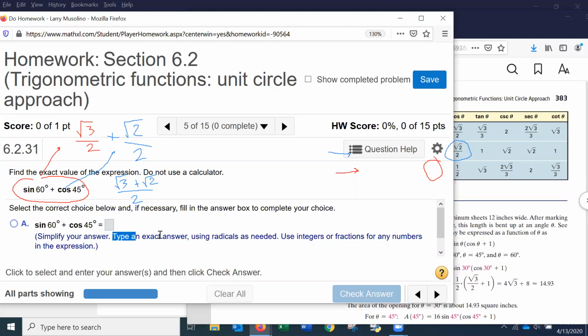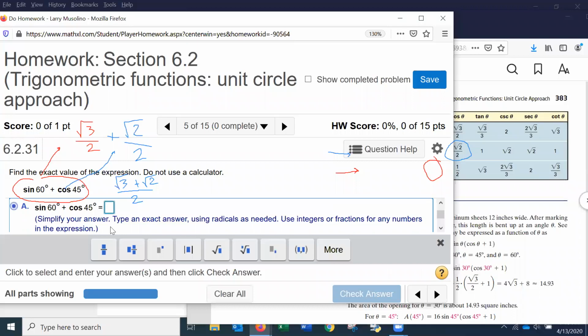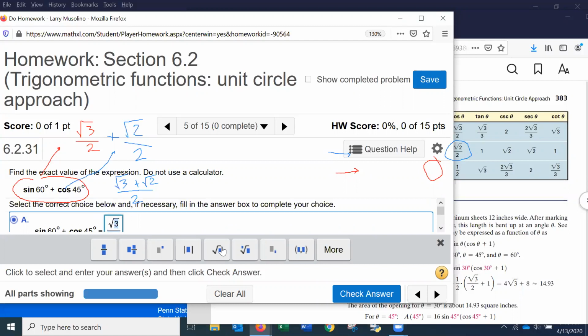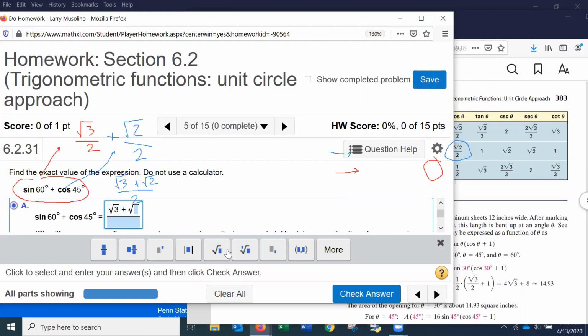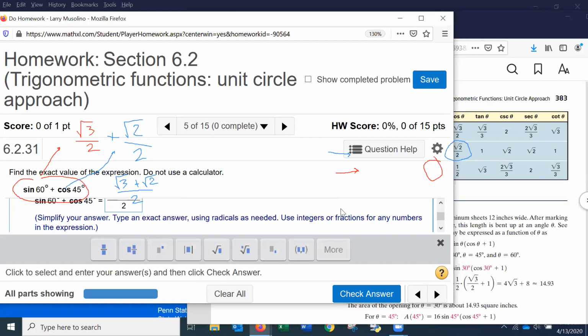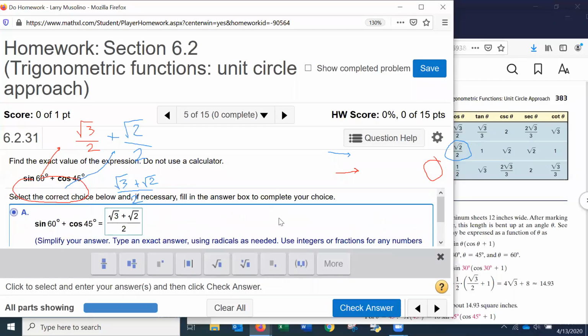Notice it says type an exact answer using radicals as needed. All right, so I'm going to type this in. I'm going to use a fraction here, and I'm going to put the square root of 3 plus the square root of 2 on top and all over 2 on the bottom of the fraction. So this should be the answer that we're looking for here.